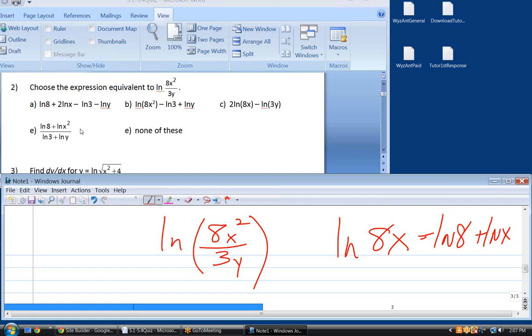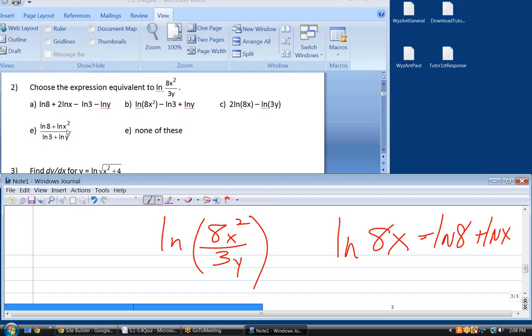And in fact, why is E not correct? I'm not sure why it's not correct. I think they made a mistake on this problem. Look at it, they all look fairly similar.